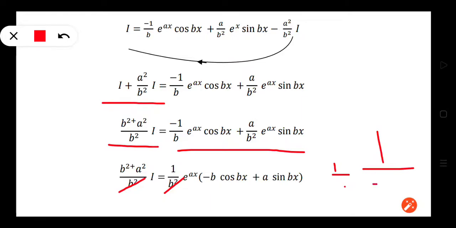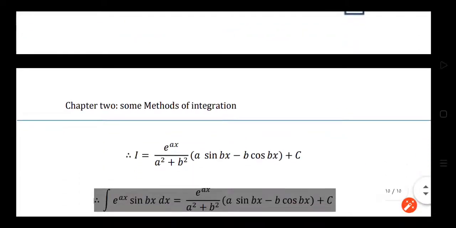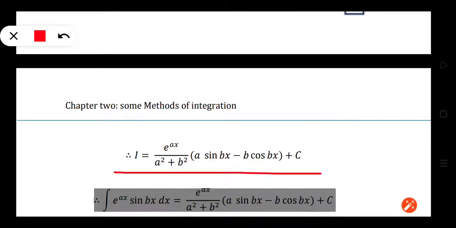by a squared plus b squared, which is on the left hand side, to find the value of I. We can reach that I equals e power ax over a squared plus b squared times brackets a sine bx minus b cosine bx, plus constant.